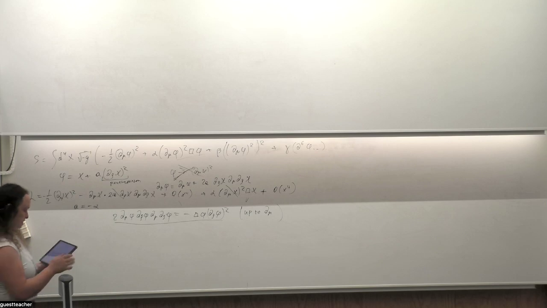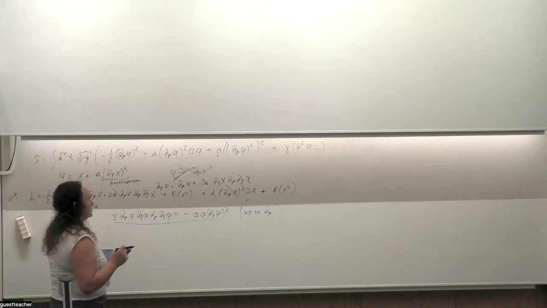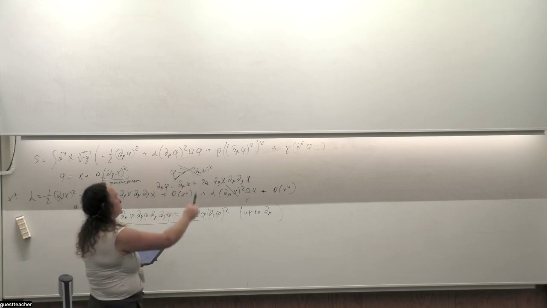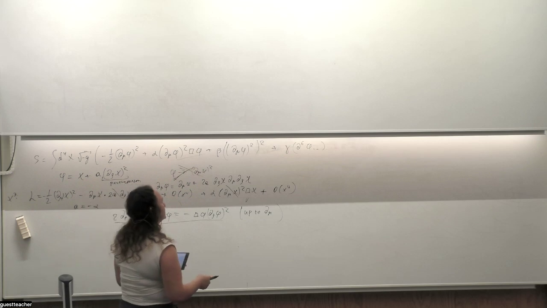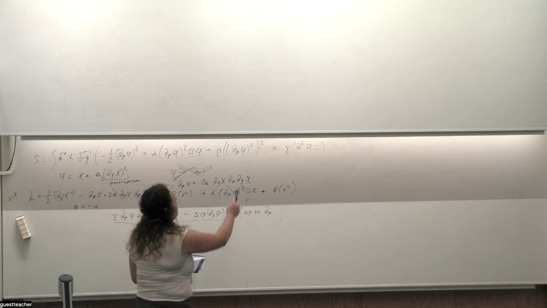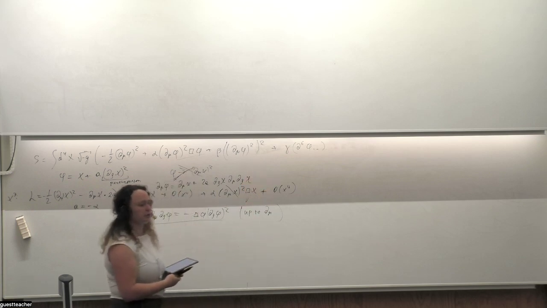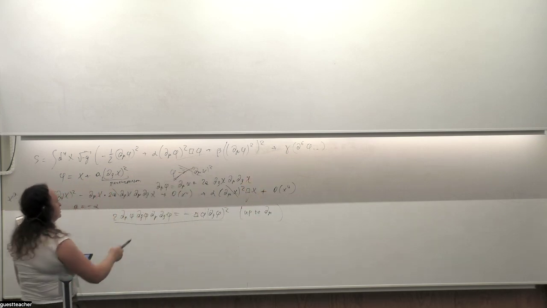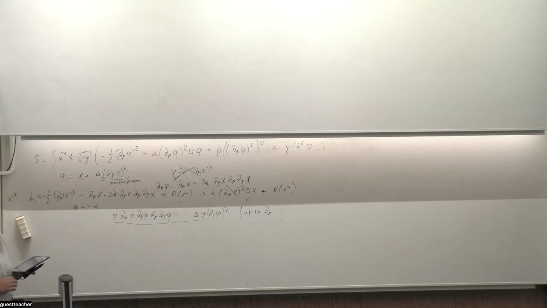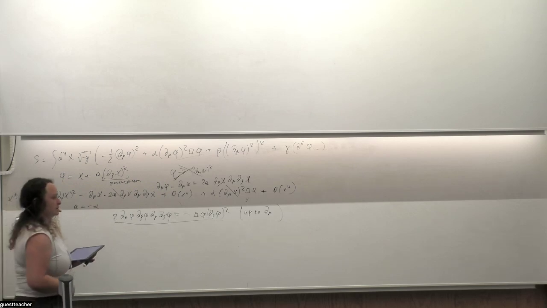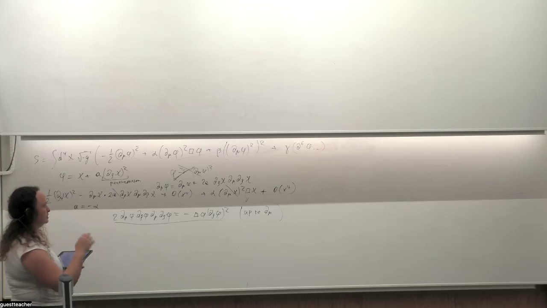But there is an important thing to remember: we don't just throw away this term. If it was in the theory, its contribution will be transferred to phi to the 4, phi to the 5, phi to the 6 terms, and so on. So higher order vertices can receive contributions coming from these vertices. It's a kind of reshuffling of EFT terms, but it doesn't mean that it vanishes completely.